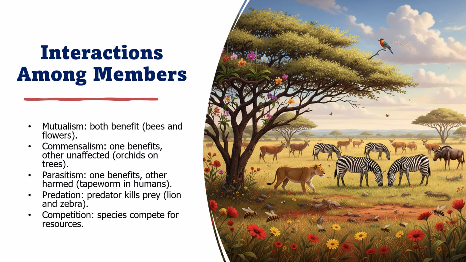Predation involves predators hunting prey, such as lions feeding on zebras. Competition occurs when species vie for the same limited resource, influencing population size and distribution. These interactions determine community organization, species coexistence, and evolutionary adaptation. Understanding them is central to ecology as they explain patterns of biodiversity and ecosystem functioning.